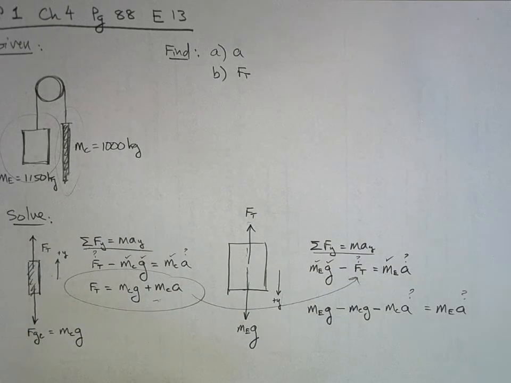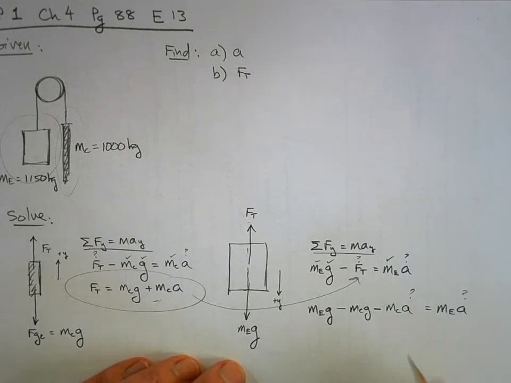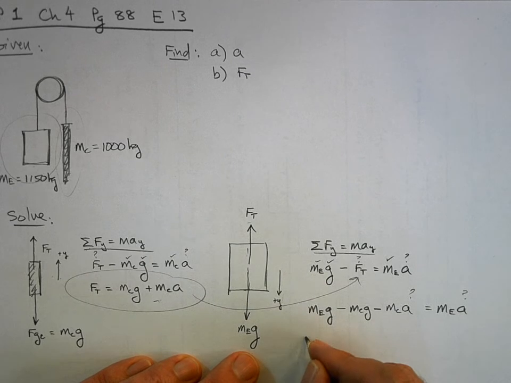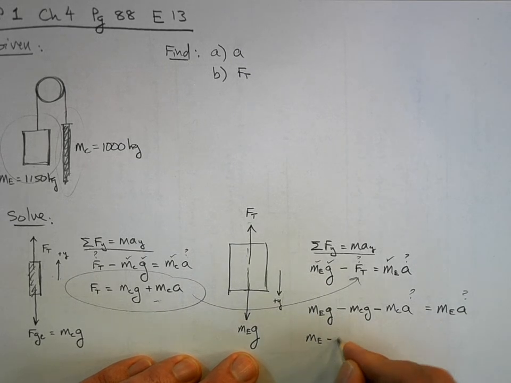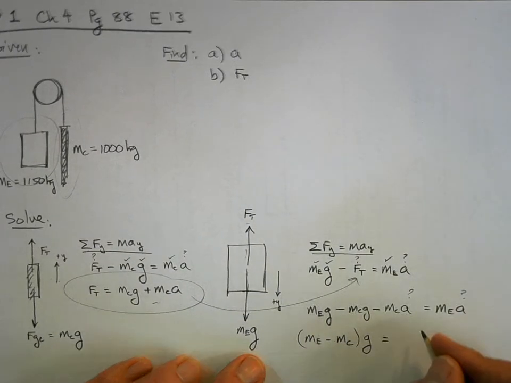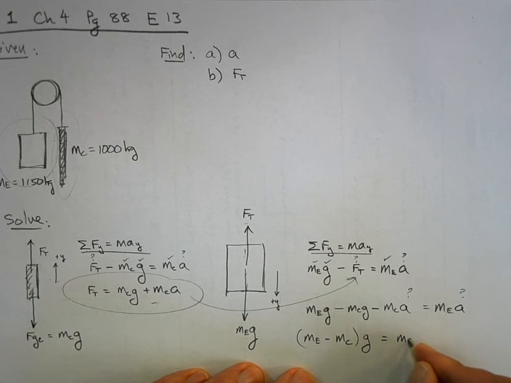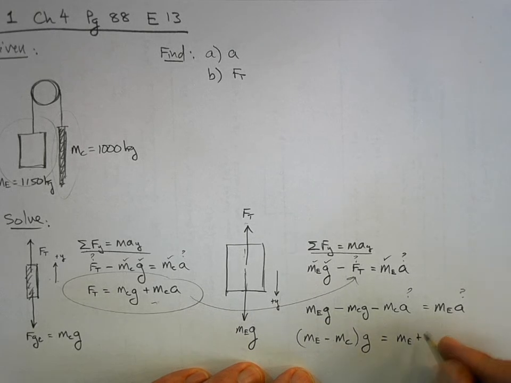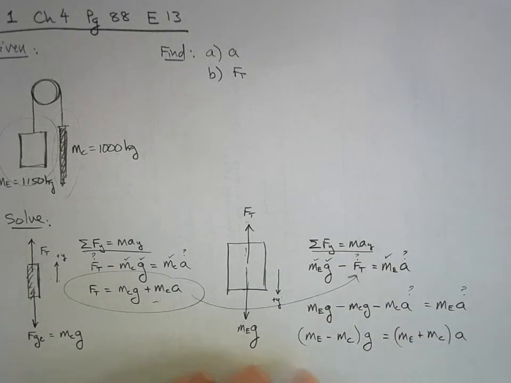Now I use step 5. I'm just using my awesome algebra skills. So I'm going to go ME minus MC times G equals ME plus MC times A. Do you see the algebra I did?